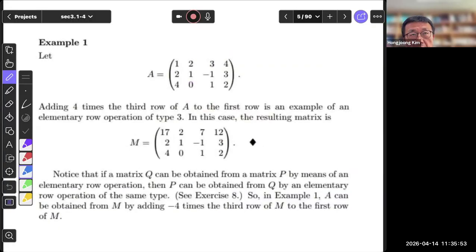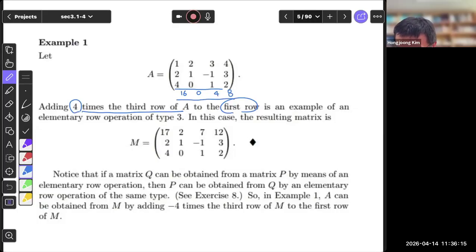And given this A matrix, if I multiply 4 to the third row of A and then add it to the first row. So if I multiply 4 to the third row, you get 16, 0, 4, and 8.